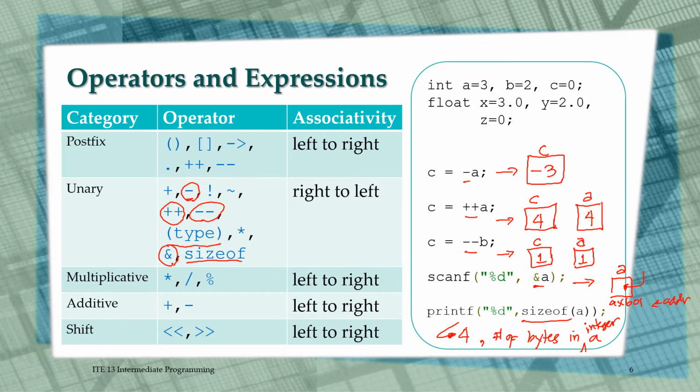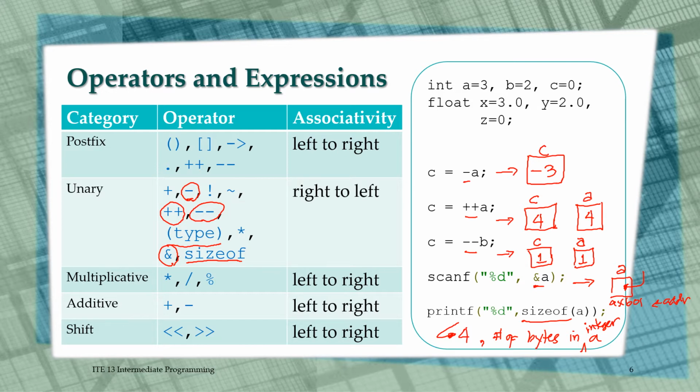And lastly, the sizeof operator that computes the number of bytes of a given operand, like sizeof A that yields a value of 4 as the number of bytes the integer operand A has. If you evaluate sizeof char, it will give you 1, corresponding to the number of bytes the character type has.